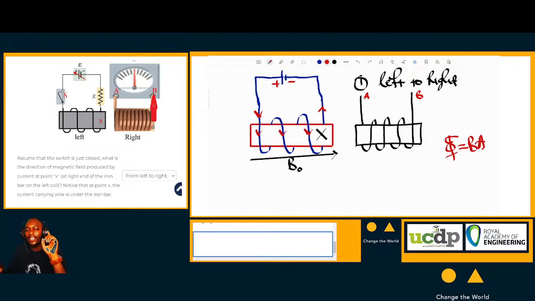So the instant when the switch is closed, current increases from 0 to a certain value, which means that the value of B also increases from 0 to a certain value, which means that our flux here is going to increase, because initially the flux was 0, the switch is closed, current flows from 0 to a maximum, which means that the flux also increases from 0 to a maximum. So yes, we're going to induce an EMF in the coil on the right because the flux changed from 0 to a maximum.